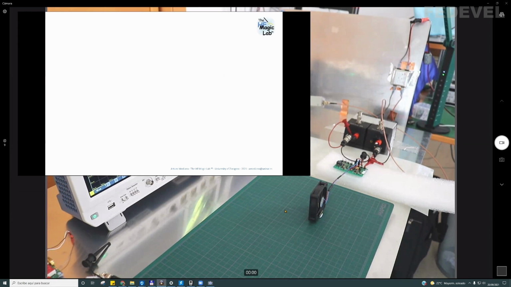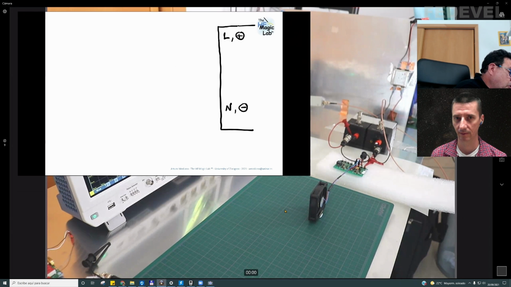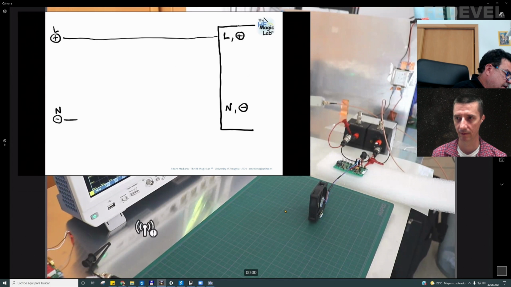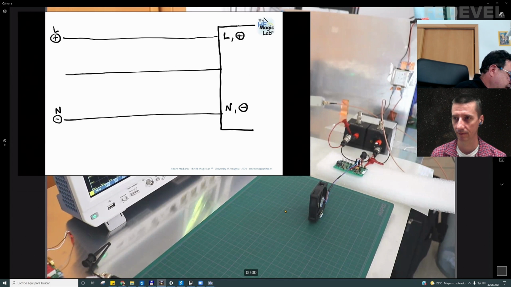So consider, for example, that this is your device under test. If you consider that this is the line, or for example, the positive terminal of your product, and this is the neutral, or for example, the negative terminal, this is the wire, and this is the power supply or line. This is the neutral or the negative, and additionally, you have here the earth or the chassis of your product.